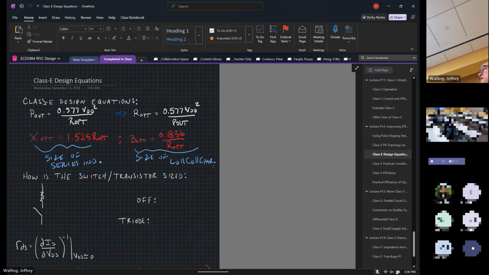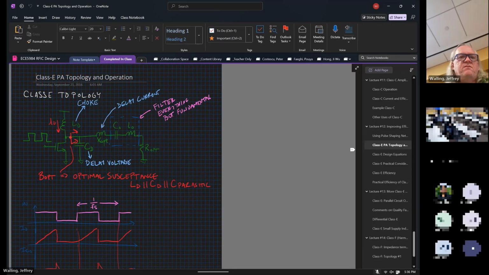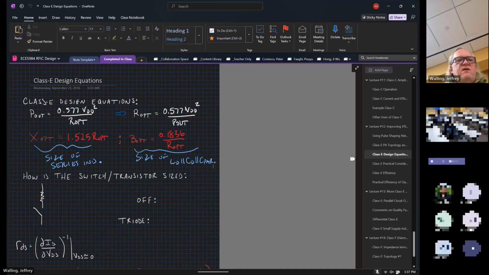And then looking towards the series resonant network, you need a network that is series resonant. So if we go back and look at the schematic, okay, we have a series resonant network. That's series resonant at the switching frequency, and then there's some excess inductance that forms this X-opt.